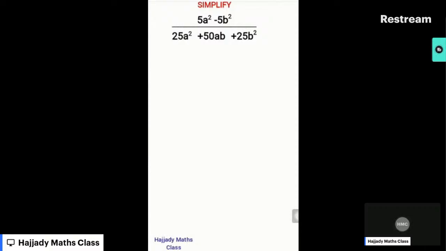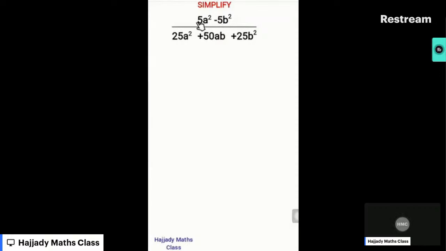Please, I want you to take your pen and your paper and write down. Now looking at this question, looking at the numerator, we have 5a squared minus 5b squared. The first thing that will come to your mind is that they have something in common, which is 5.